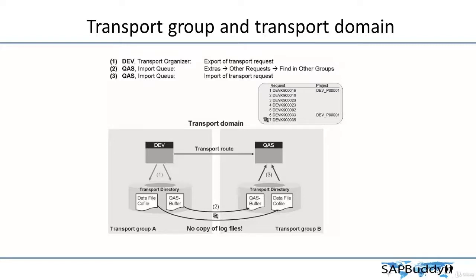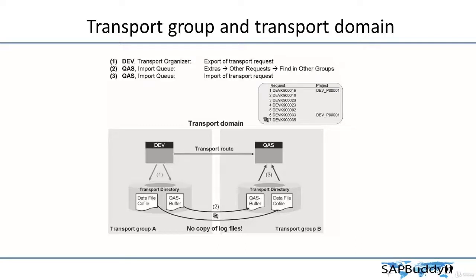If you see this particular graphic, you can see two systems, development and QAS, both in one transport domain. However, we have two transport groups. Transport group A has transport directories, which have data files, co-files and buffers. And QAS, the second system, is in transport group B, which has its own data files, co-files and buffers.